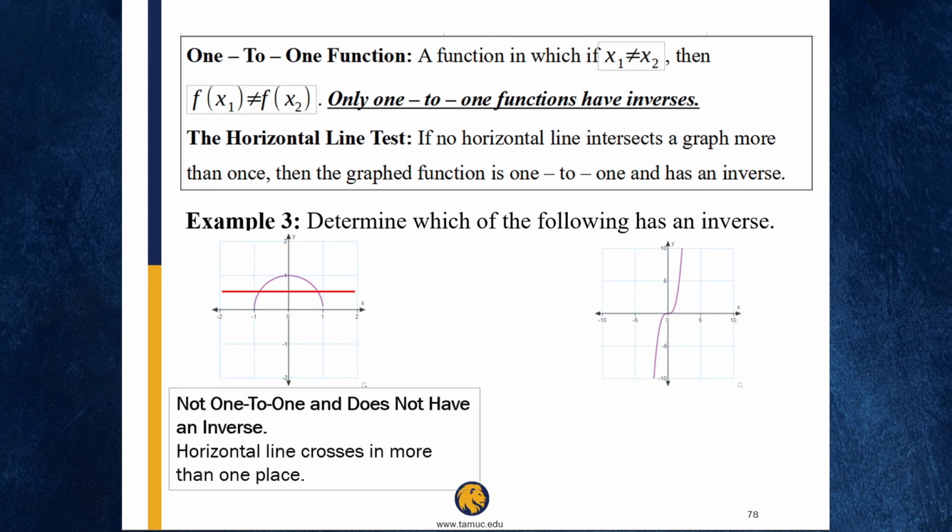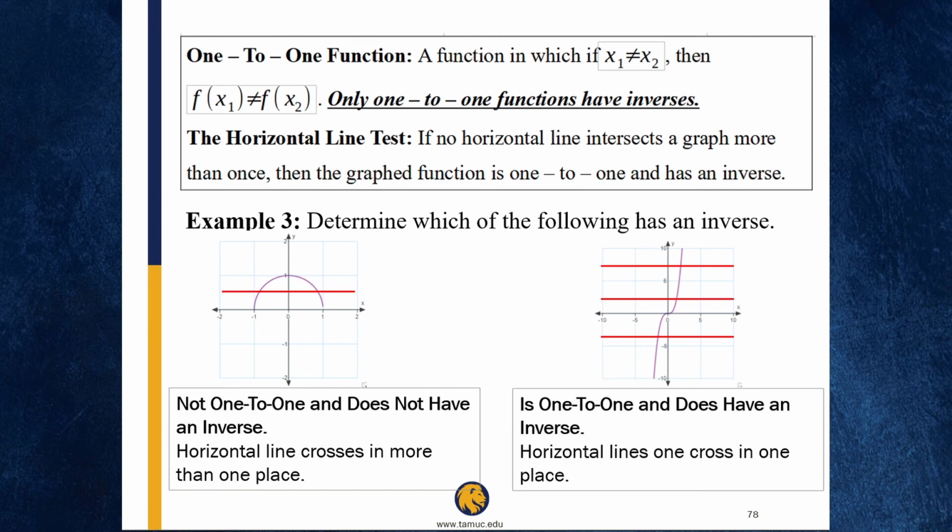So since it crosses more than once, this graphed function is not one-to-one and does not have an inverse. On the other hand, this other function, you can draw lots of horizontal lines through it, and they'll always cross at just one location. So that one does pass the horizontal line test, is one-to-one, and does have an inverse.